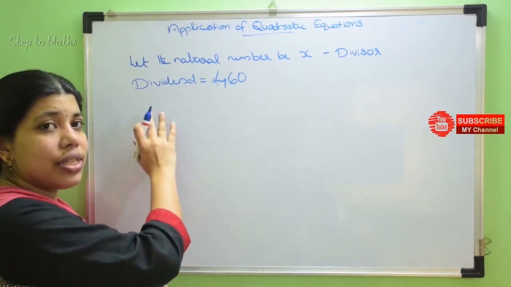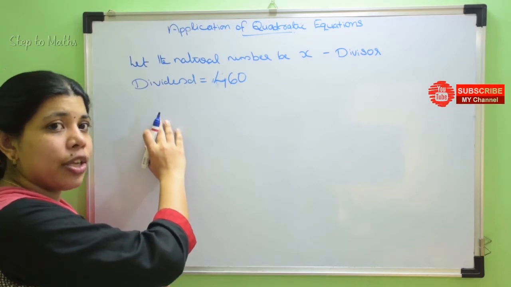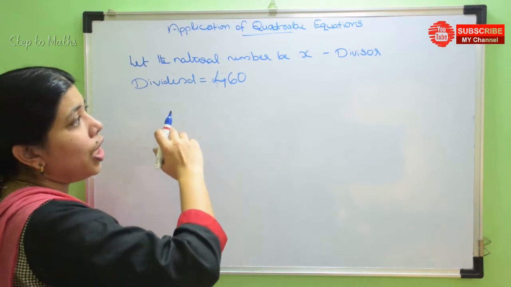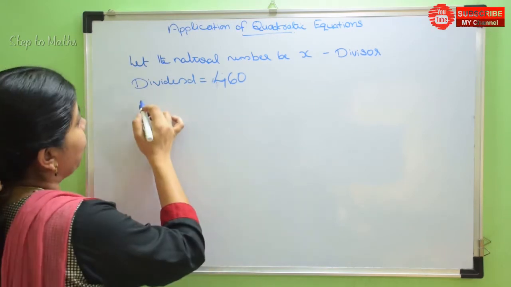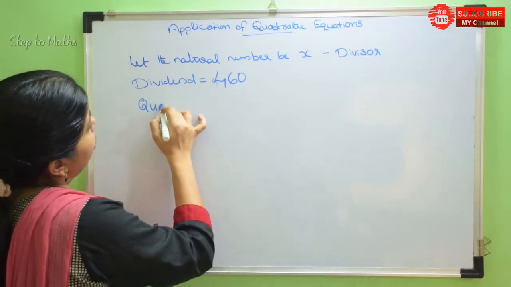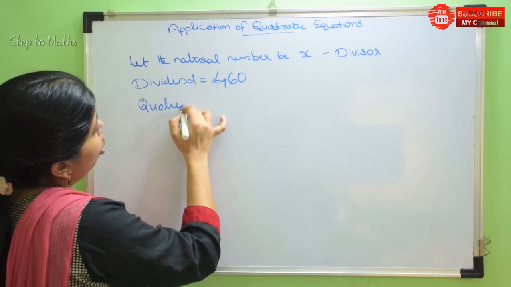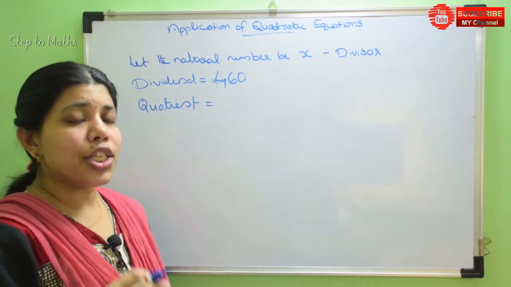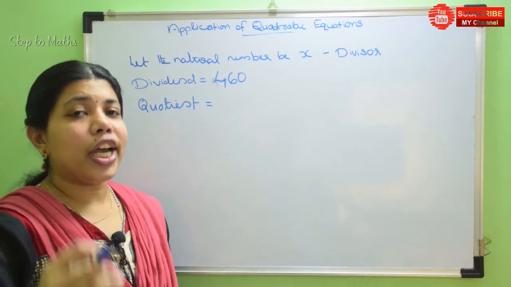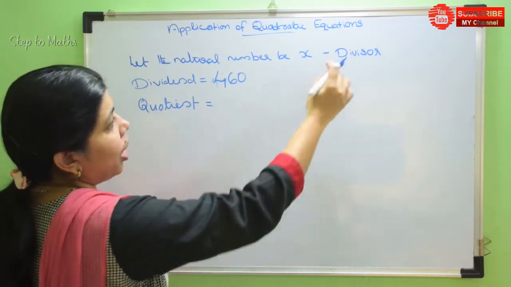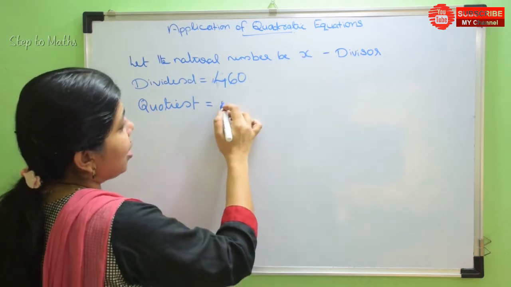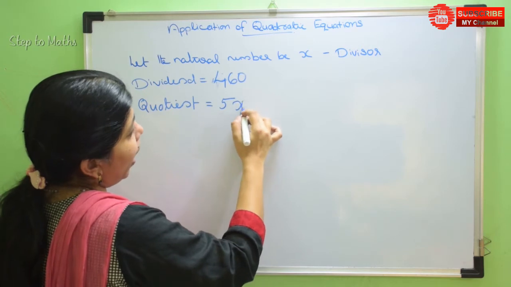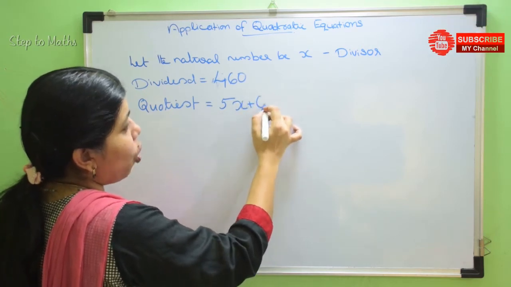The given condition is, 460 divided by a natural number, the quotient is 6 more than 5 times the divisor. Here the divisor is x, 5 times the divisor is 5x, and it's 6 more.